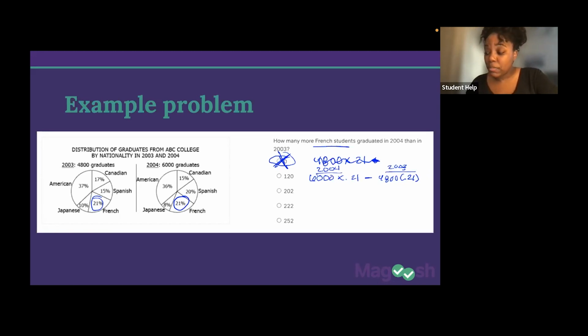Now, you could do this mathematically. You absolutely could. But immediately I recognize common values here, so I want to combine like terms. I'm going to say 0.21 times 6,000 minus 4,800. First let's reduce that. 6,000 minus 4,800 is 1,200. Now, instead of looking at 21%, that's pretty close to 20%.